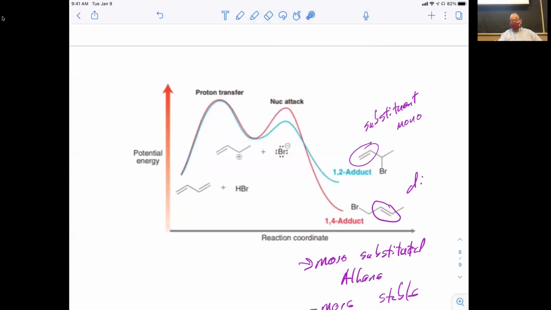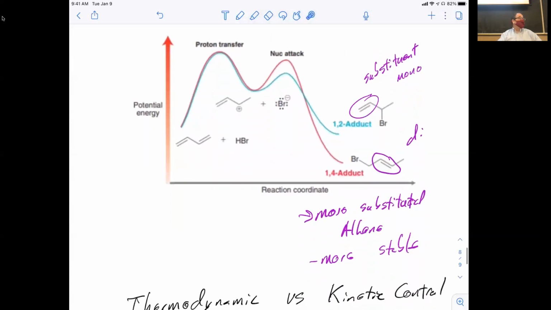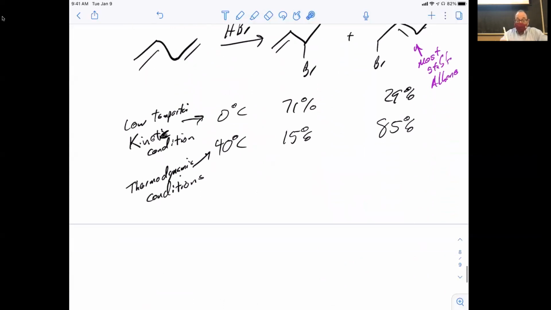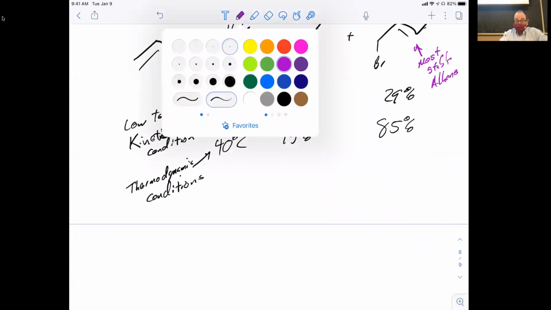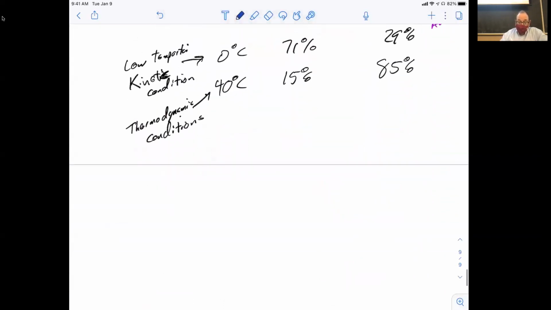But then why is the 1,2 the kinetic product? Well, for that one, you got to think about what's happening in the solution. So whenever we have our double bond, we got our HBr, and I show it this way, but let's change that a little bit. Let's do what would happen in solution.